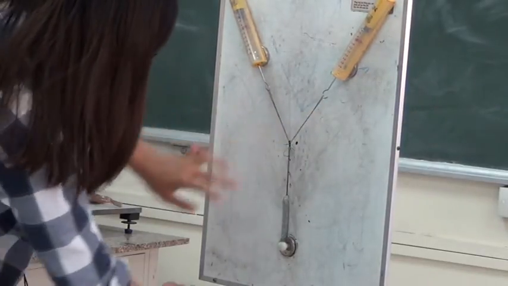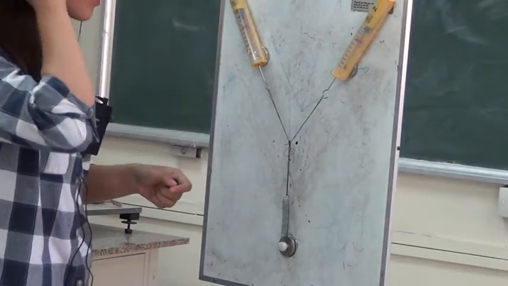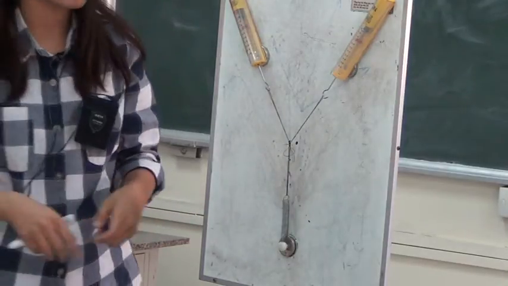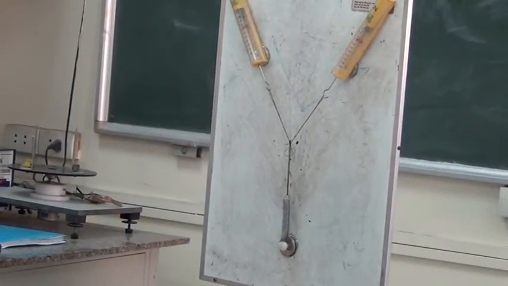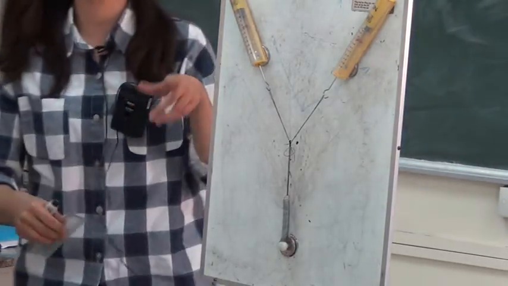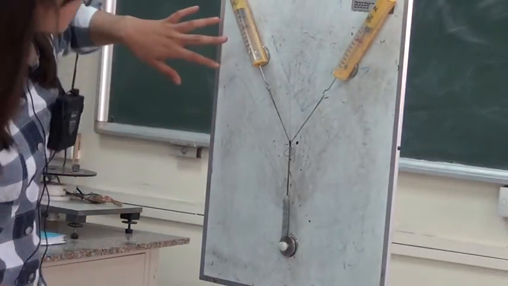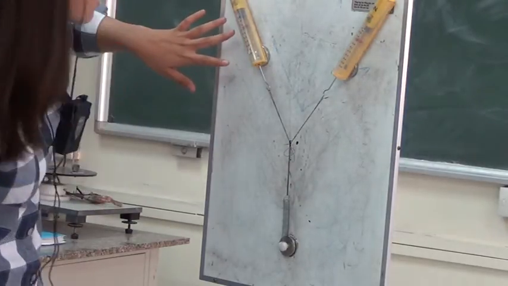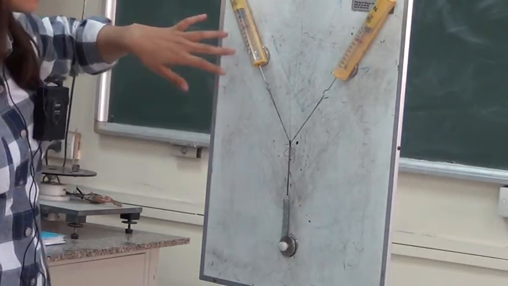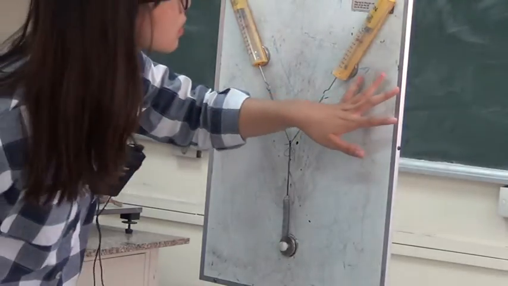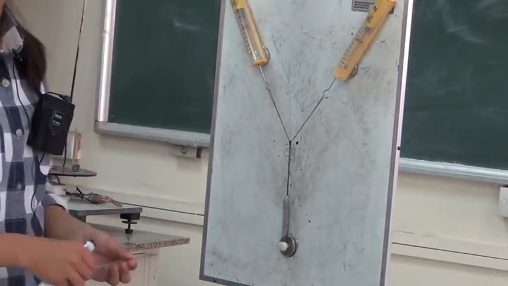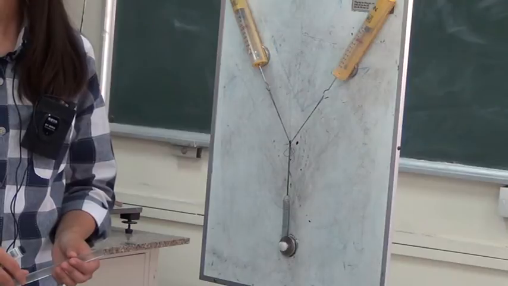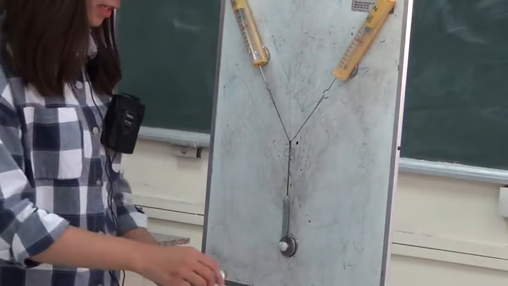I mark them, and I will read the indication, actually the magnitude on this dynamometer. This one is approximately 1.5 newtons, and this one also is 1.5 newtons. So it's not good. Okay, I will make it differently.